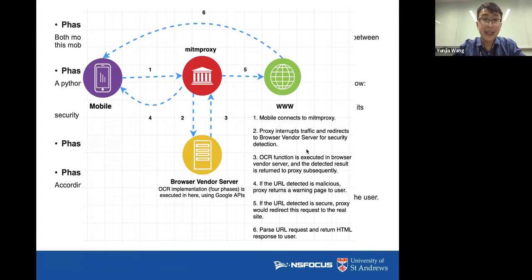We can see it from this chart. The mobile sends a request to the proxy, and we can imagine these two parts as a functional mobile browser.